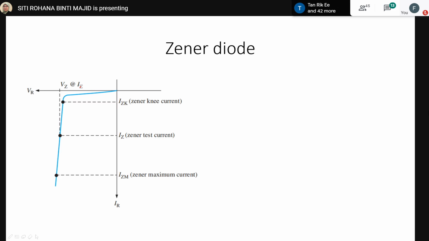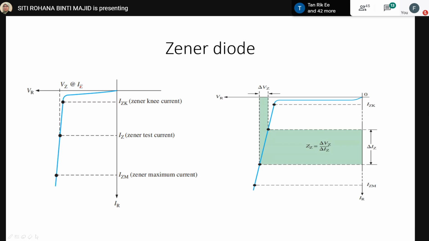Next we move to the next diagram, which is the same IV curve of a Zener diode. If you look at this figure, we can notice that when there is a change in Zener current, it will produce a small change in Zener voltage. So we use a simple equation, which is Ohm's law.